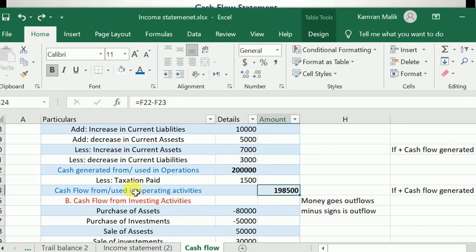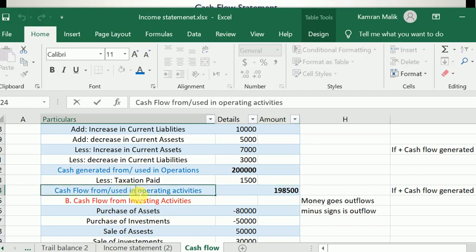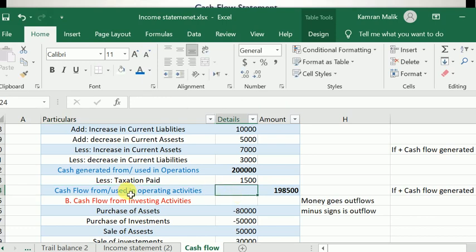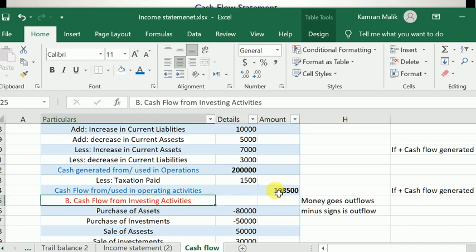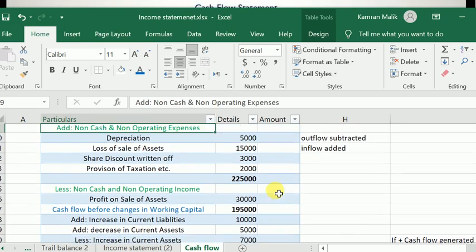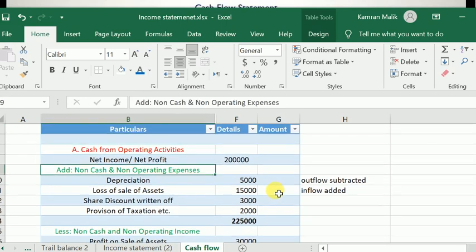We can even remove this word used. I only added it for your understanding that if the amount is negative, then we would say cash used in operating activities. Now we can say cash flow from operating activities because the cash has come from the operating activities and it is positive, right? That was the first thing that we worked on, which was cash from operating activities.